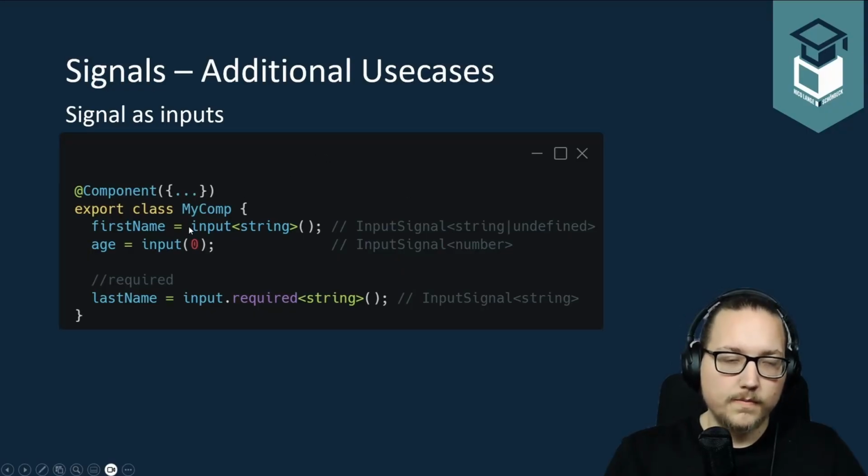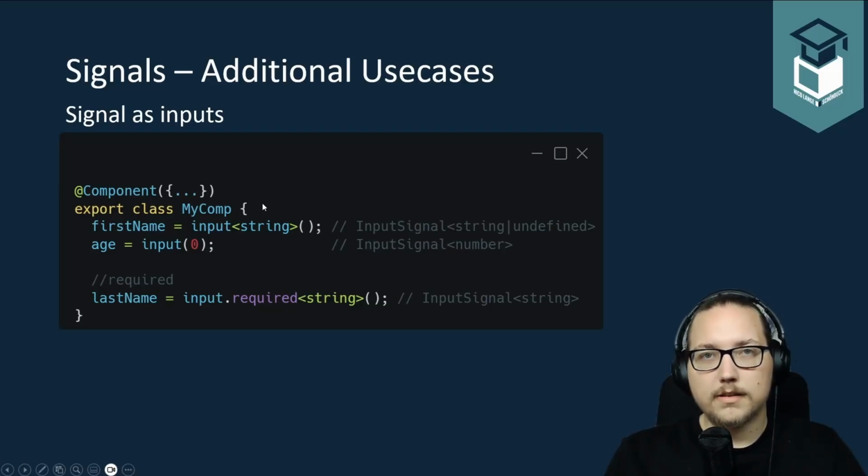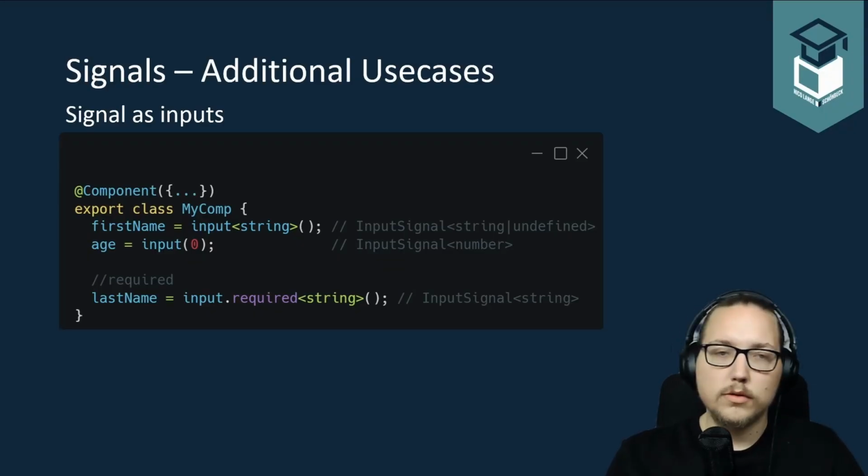That means you can now get an input as a signal. And the benefits of it are totally clear. You can make computed values that are based on inputs. You can make effects that get called again each time an input changes. And you can do all of this without having to use the default change detection of Angular.